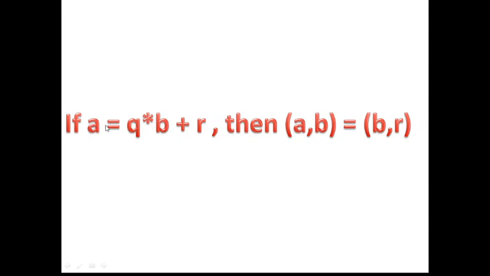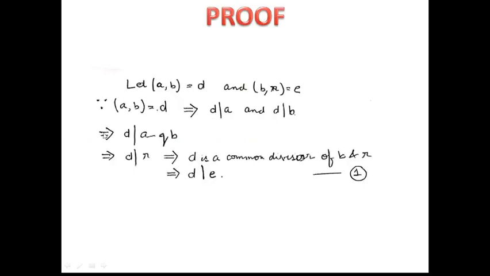A minus QB is nothing but R. So D divides R, and D divides B. So D is a common divisor of B and R. And what is the GCD of B and R? GCD of B and R is E. So D divides E. This is our equation 1.